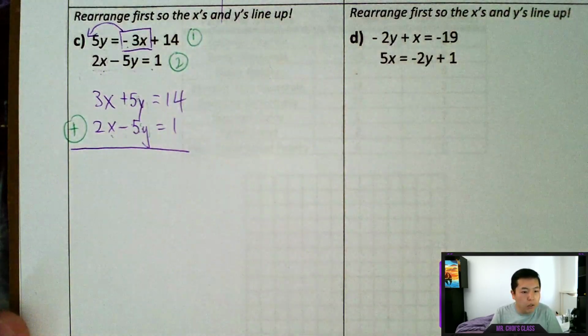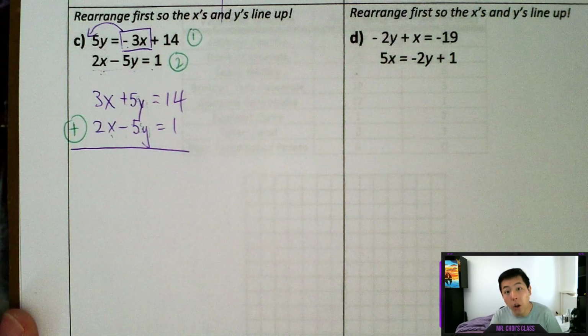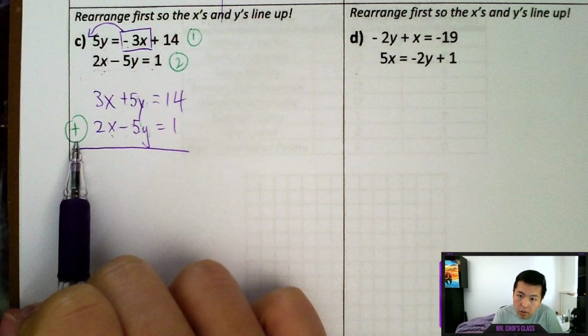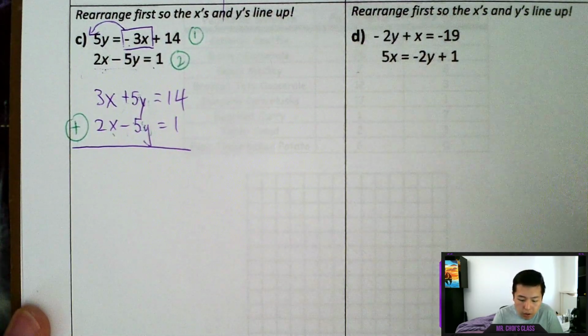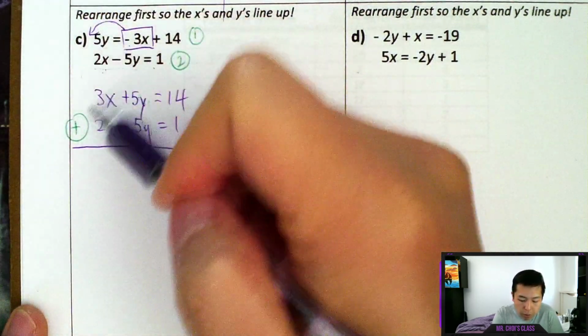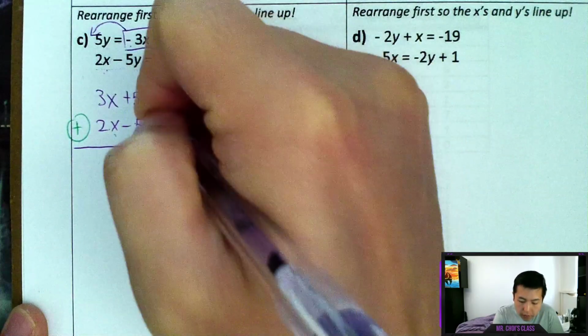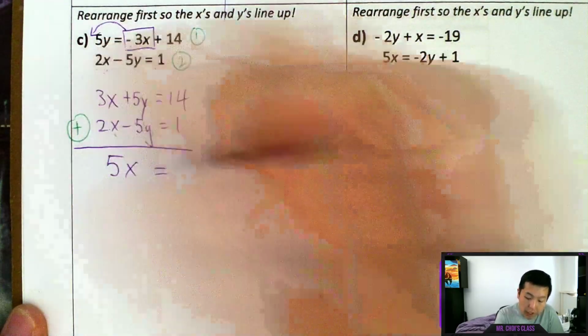So a lot of people are probably wondering, do I have to write 0y? No, you do not. Another way you can do it is to say, I'm adding this, so I'm going to just get rid of it, so I don't need to write it down. So you can go right away. 3 plus 2 is 5x. 5y plus negative 5y is 0, so I'm going to ignore it.